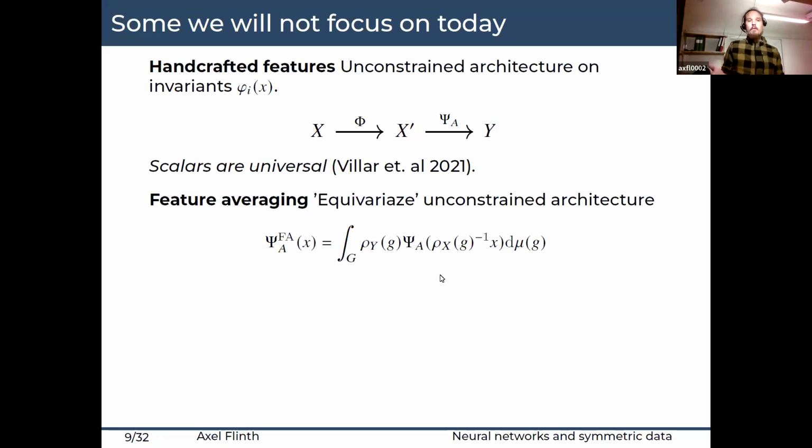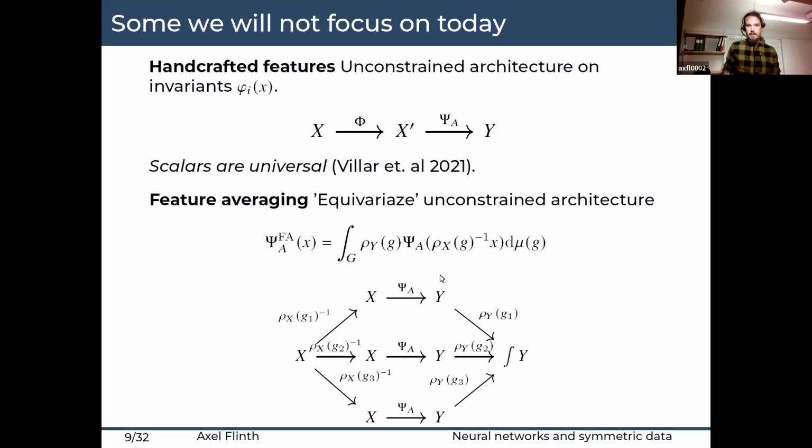Another thing that I mentioned before is this feature averaging operation. What we do here is take our neural network and turn it equivariant by applying this integral operator to it. I think it's easier to see what happens if I show this sketch.